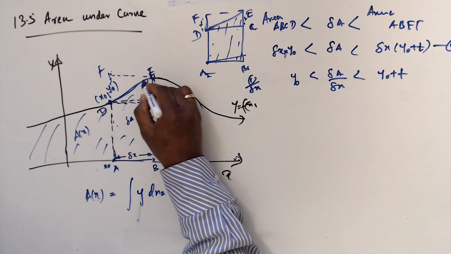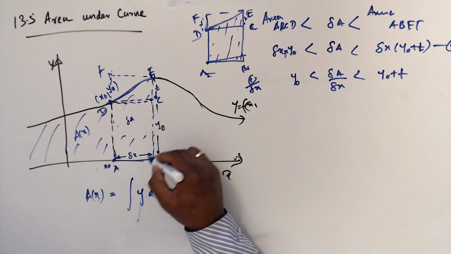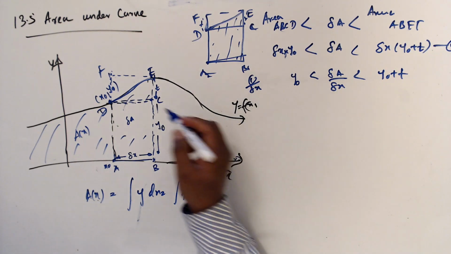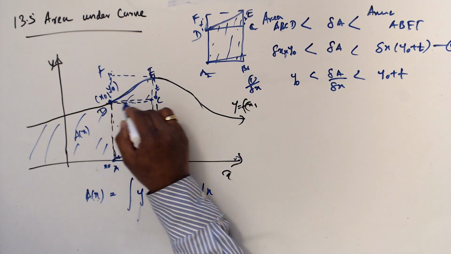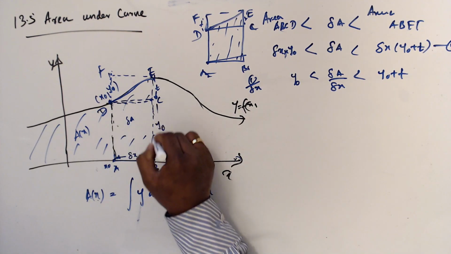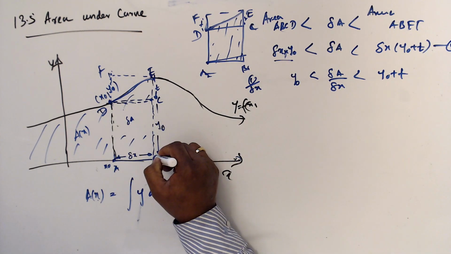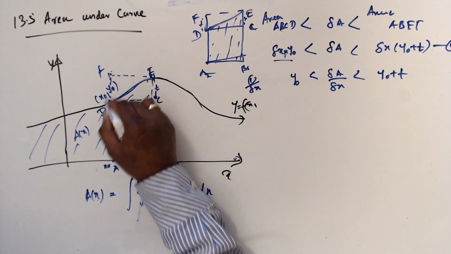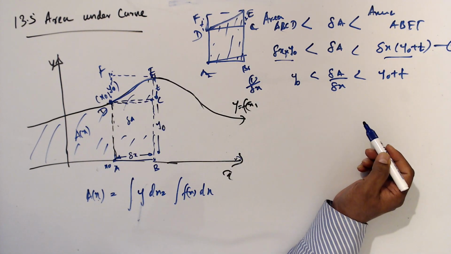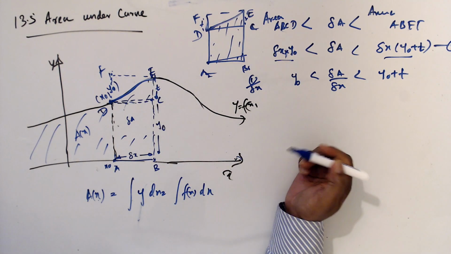We want to find the area under this curve, and we only have the data of the small rectangle area and the big rectangular area, but we need the area under the curve. Now this is an error.